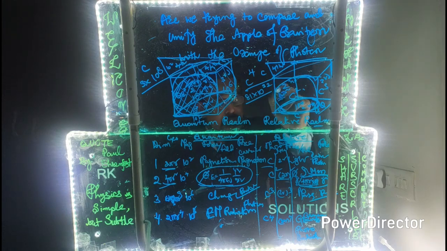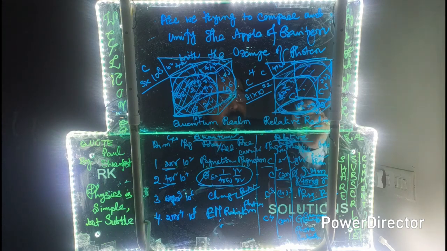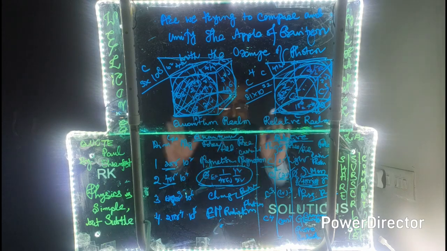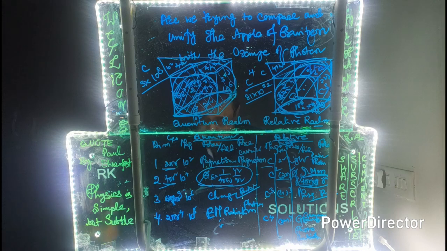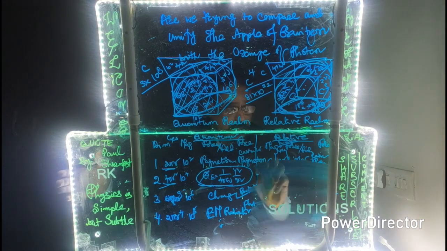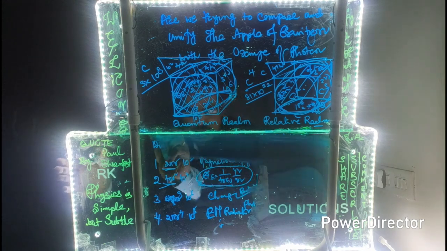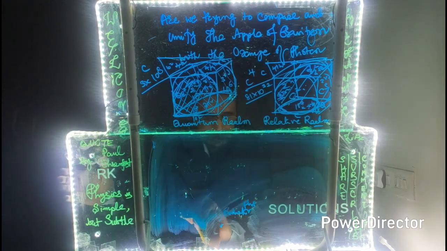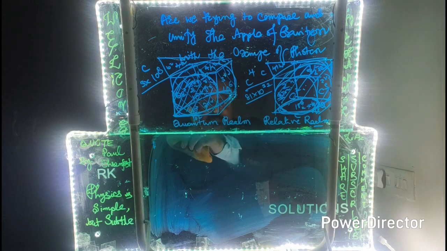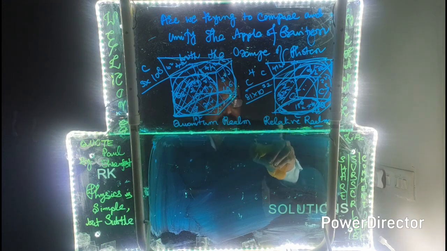This whole thing, again, when you join this whole thing is 4 pi r cubed. Again, same thing for both. What I mean to say is the corresponding geometries for both worlds, relative as well as quantum, were the same. Both are same. Quantum realm, the relative realm.